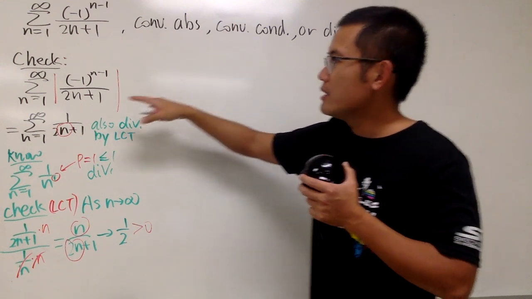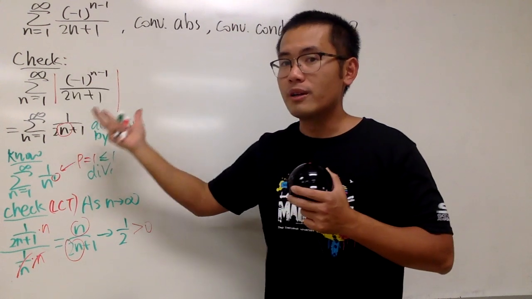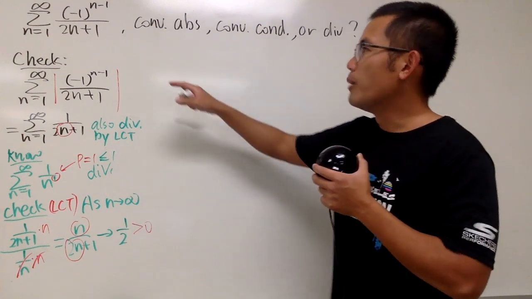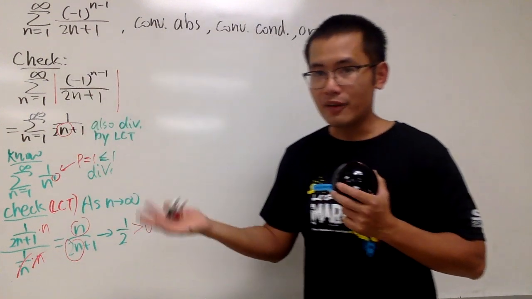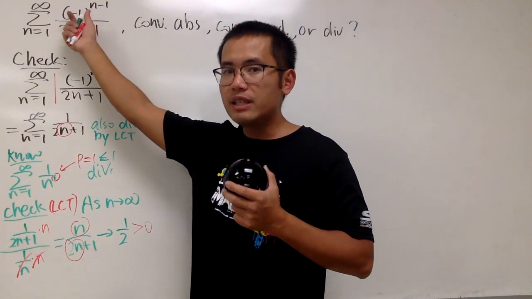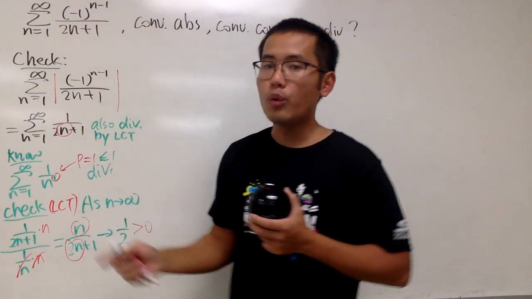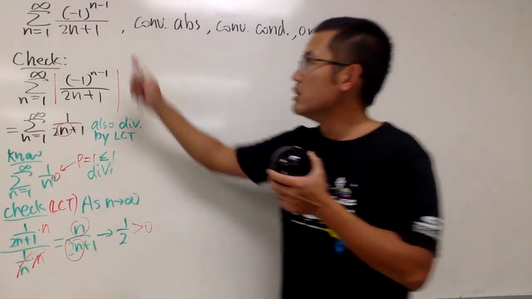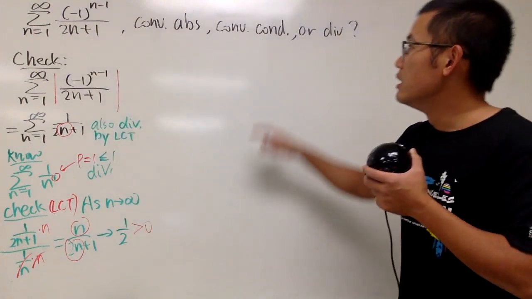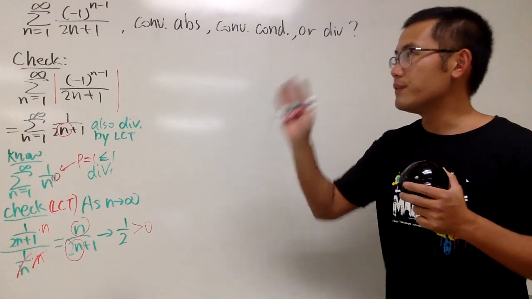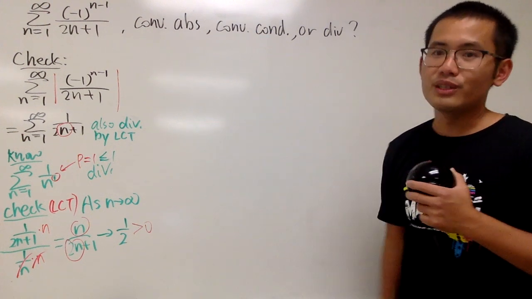As we have seen already, if you have the absolute value, this right here diverges, but we also have to check, how about if the original one converges, meaning the alternating version, meaning if we have the (-1) to the n minus 1 power, does that converge or not? If so, this right here would be a conditionally convergent series. If not, then that will still be divergent anyway.